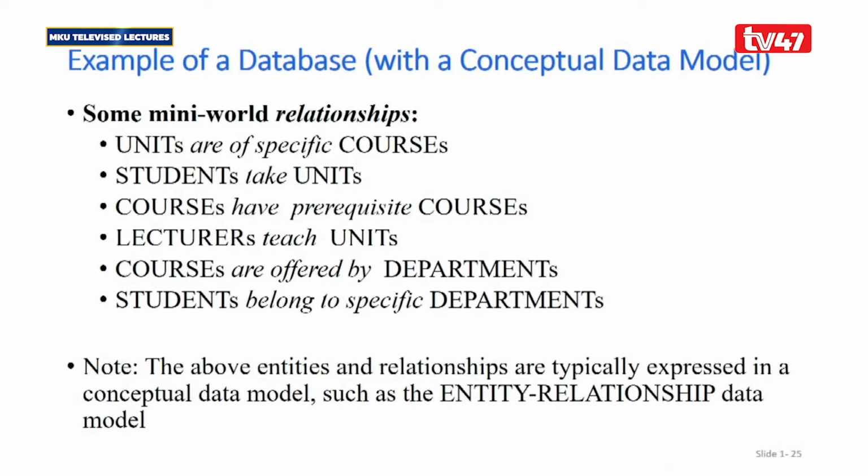We can have so many courses within a university or within a learning institution, each course having its own units. And of course, we know that students have to take the units. So we can see clearly that we are now creating some form of relations. Students are taking units that are of specific courses.